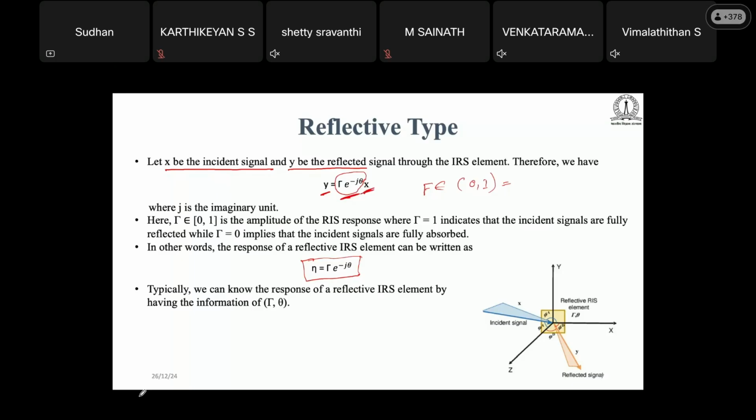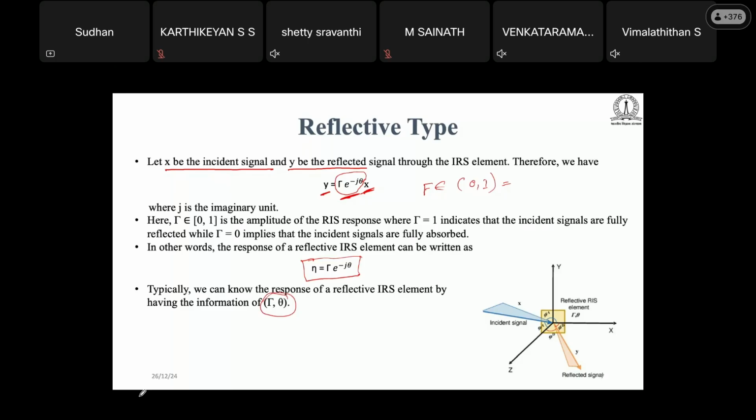Okay, if gamma is 0, this means the signal is absorbed fully. If gamma equal to 1, then the signal is fully reflected without any loss. So that is the significance of gamma. But in terms of the reflection response, we denote this one. One is contributed by amplitude, the other by the phase.